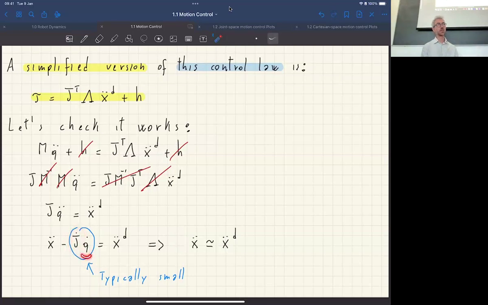Unless your joint velocities are very high, this term is going to be small. So in practice, from this equation, we can infer that x double dot is going to be roughly equal to x double dot desired, which is what we want. So with a much simpler implementation, you get almost the same behavior.